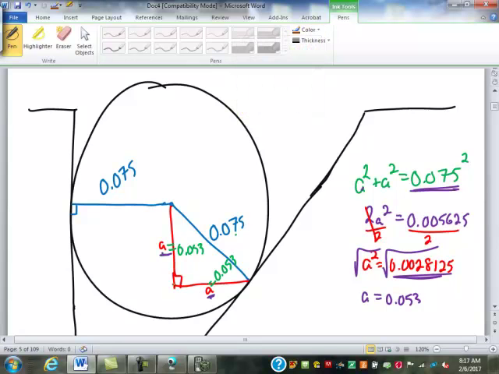So now that tells me the distance from here to here is 53 thousandths plus, this basically forms a rectangle here, so this has to be 75 thousandths here as well. So that tells me this whole dimension from here to here is 75 plus 53, 128 thousandths of an inch.